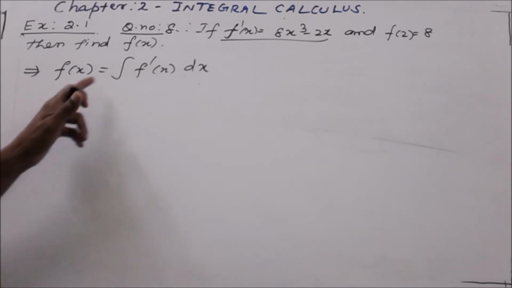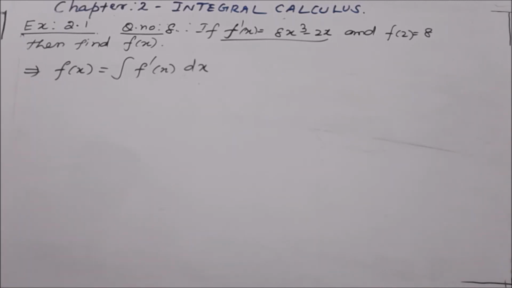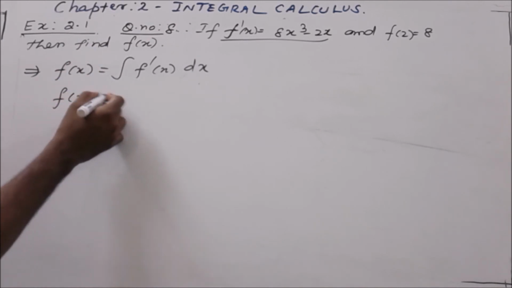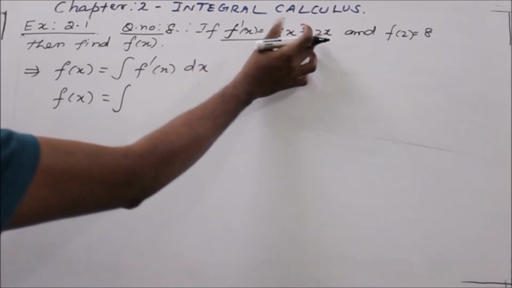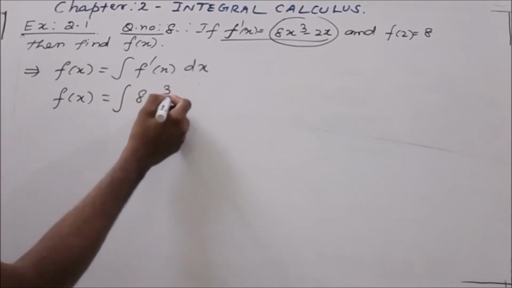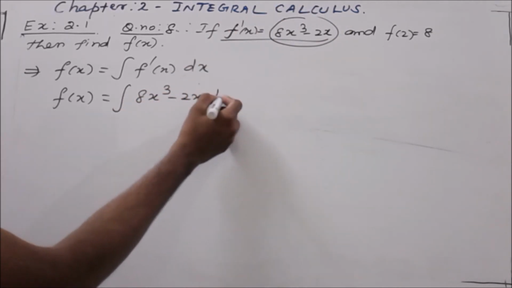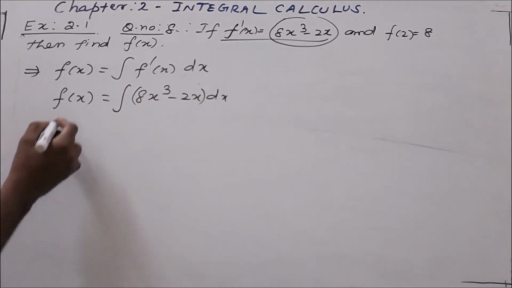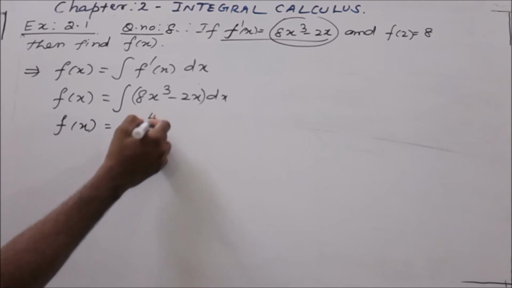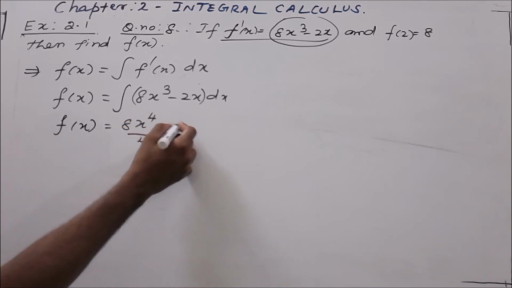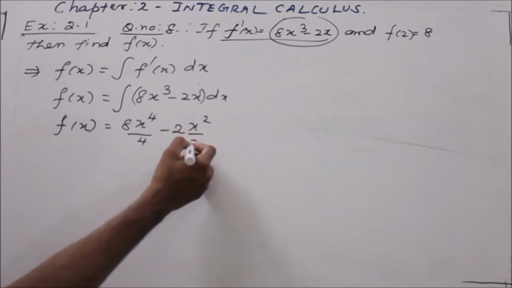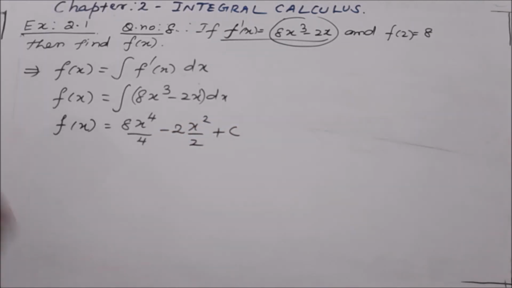To find f of x, we have the formula integral of f dash of x into dx. Substitute here. Therefore, f of x is equal to integral of 8x cube minus 2x into dx. Integrating, f of x is equal to 8 into x power 4 by 4 minus 2 into x power 2 by 2 plus constant of integration c.